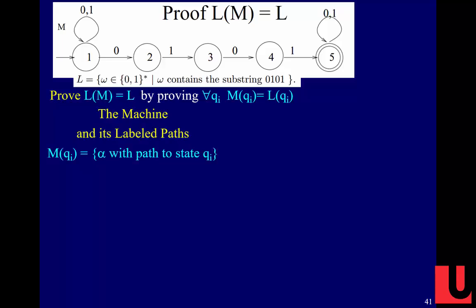In the old version, I used L for this, and L prime for the next thing. I decided it's better to use M here because we're focusing on the machine. So what's M of a state? It's the set of strings that have paths to that state.